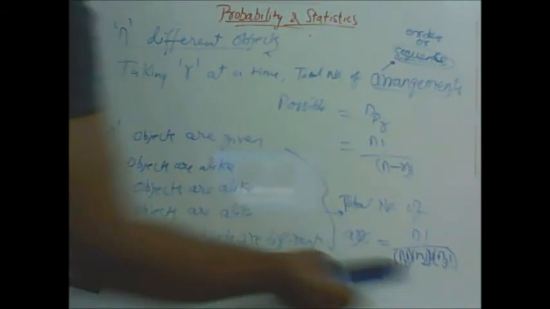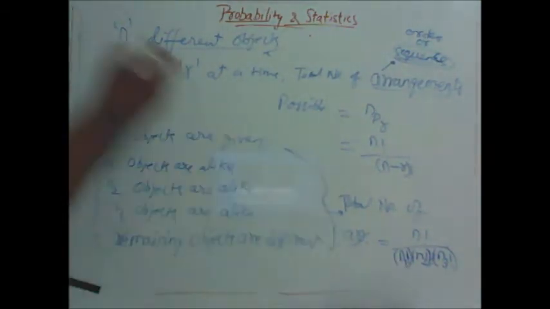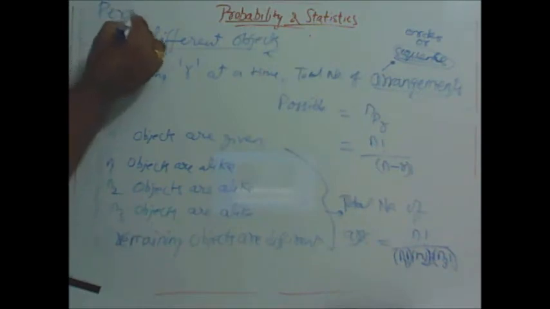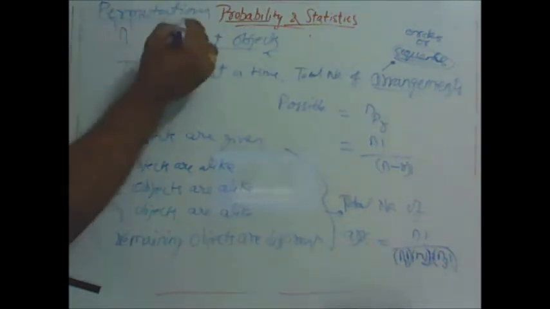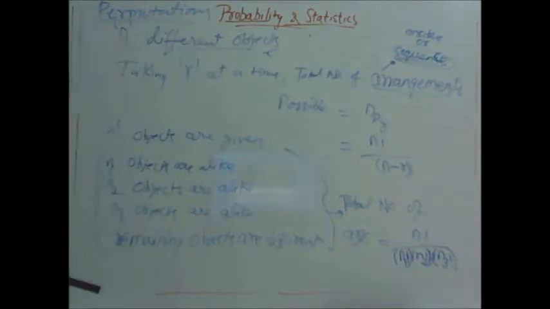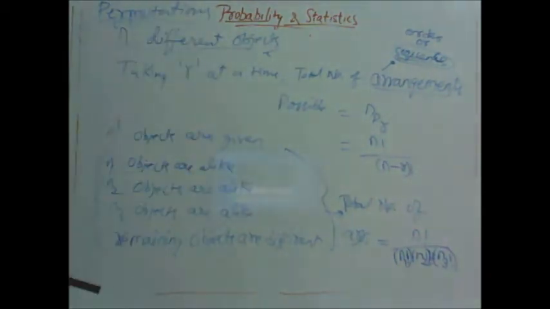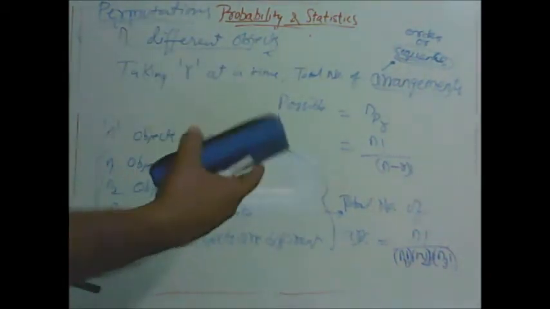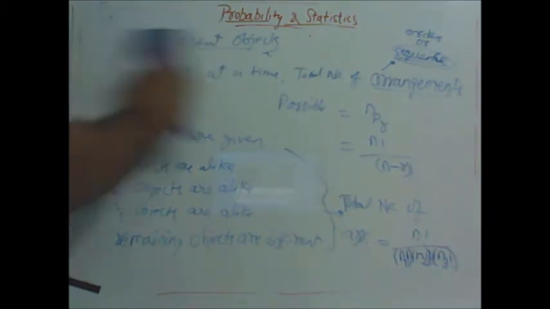Now when coming to combinations, this is permutation. You can write the heading as permutations. Everything here is about permutations. Now when coming to combination, we just group the entities together. We don't again arrange. We don't concern ourselves about arrangement.